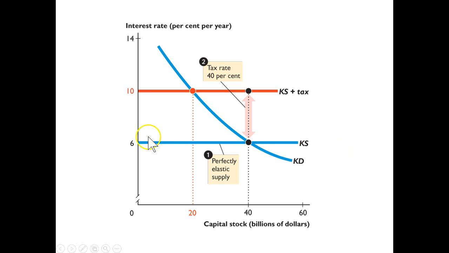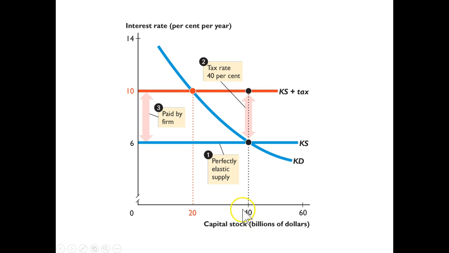Now that entire increase in interest rate, that entire increase in the price of capital, is being paid by whom? It's being paid by the demanders of capital, that is, the firms. So the entire incidence of the tax falls on the buyers of the capital. But we can see there that it's not allocatively efficient, because a deadweight loss will have been generated.